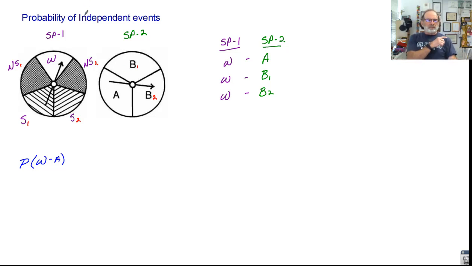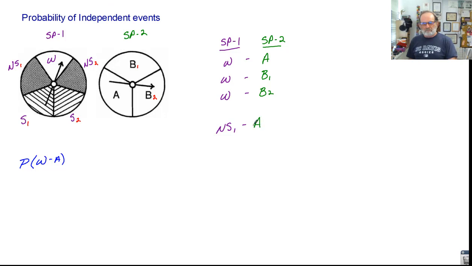All right, let's go back to the first spinner. Let's say instead of white, it landed on the non-striped section, and we'll pick non-striped section 1. So I spin it, it ends up over here on non-striped section 1. What about spinner number 2?